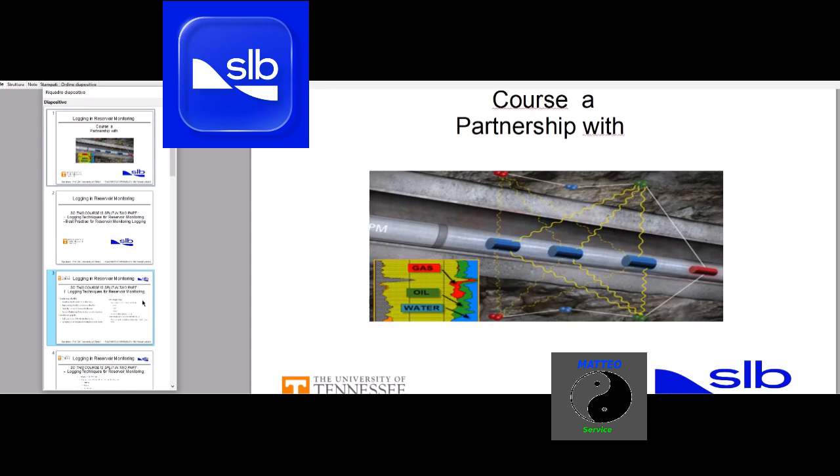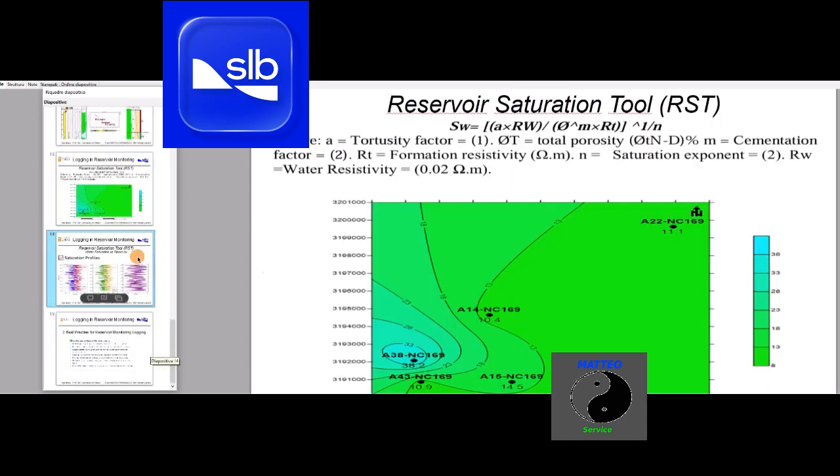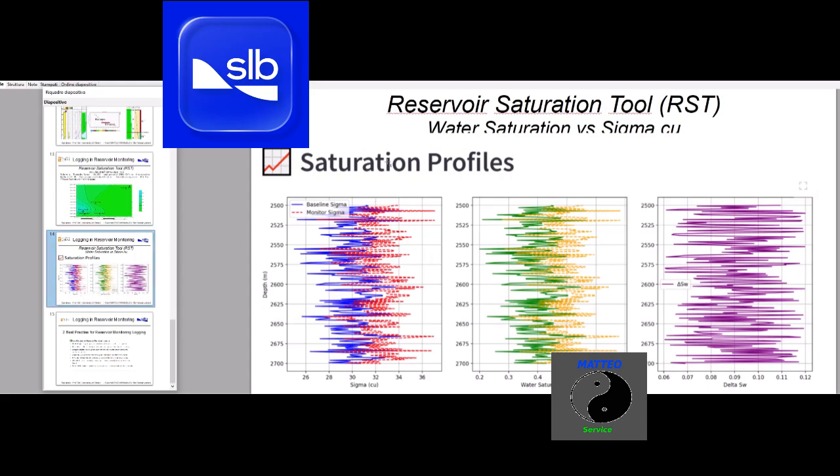So it's really interesting, and we will make a next appointment for other kinds of techniques used in reservoir monitoring.